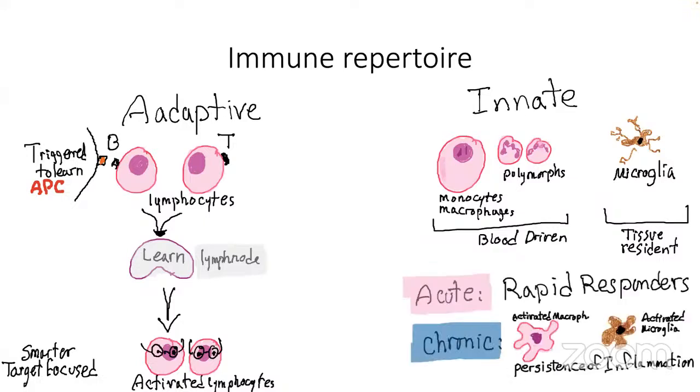In the acute phase, they are the rapid responders because the lymphocytes take a bit of time to travel back to the lymph node, to be well developed within the lymph nodes, and then emerge again to initiate a response. So this takes time. However, the innate immune response is very, very briskly responding.